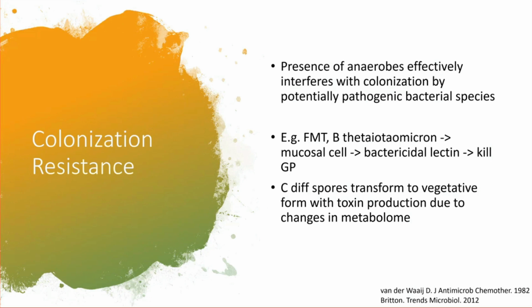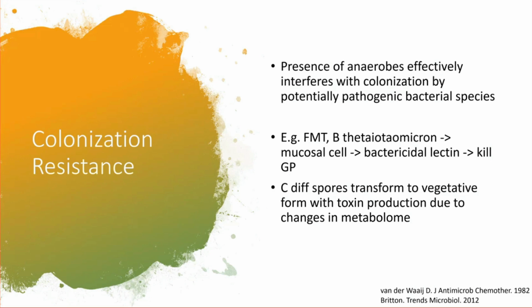And for example, why and how the fecal microbiota transplant works is super fascinating. There's a lot of basic science behind it. For example, did you know that specific Bacteroides species stimulates the mucosal cells? They produce certain lectins and certain chemicals to actually kill your gram-positives. So really cool stuff.